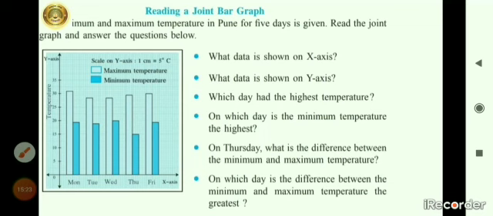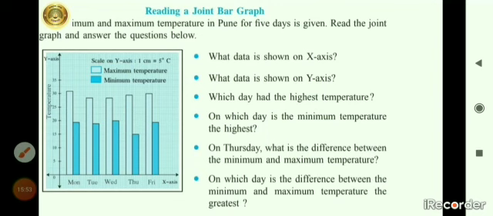Next is, on which day is the minimum temperature the highest? Means among the minimum temperatures, which one is the highest? Now again observe the graph. Find the longest dark colored bar, which is on Wednesday, that is 20 degrees centigrade.